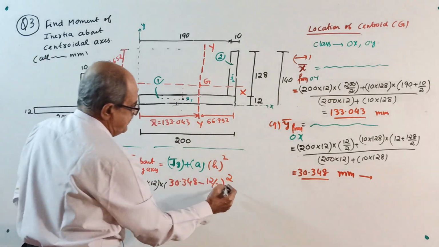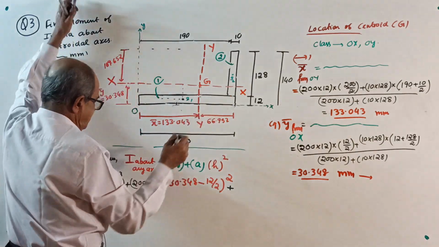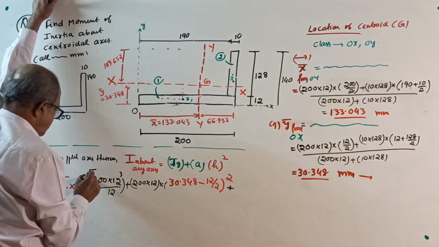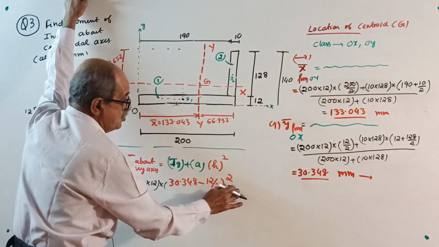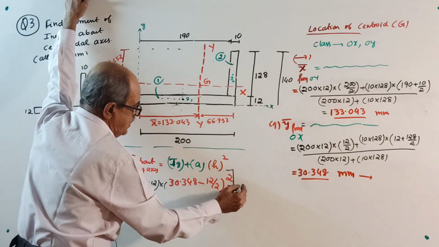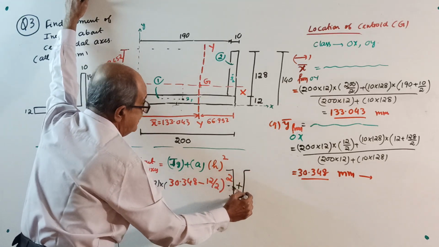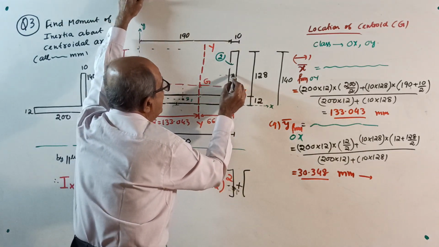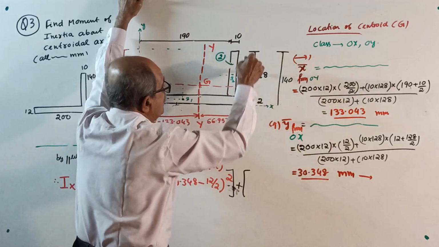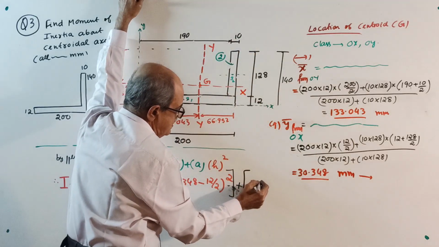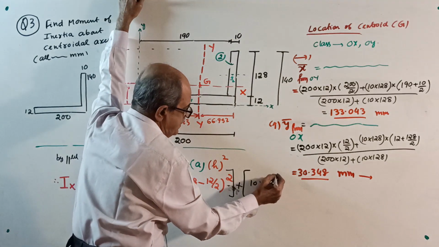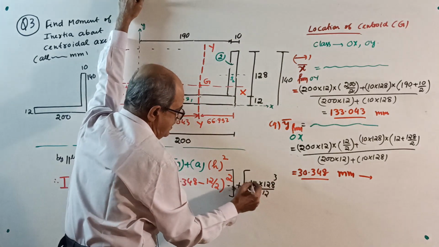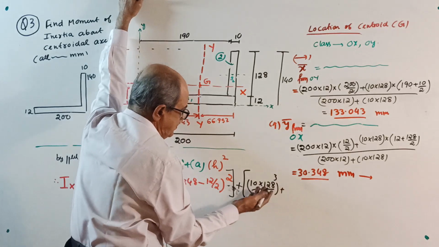Continue. This is for part number 1. There is no space problem today. Plus for the second one, I about its own axis parallel to x-axis: 10 into 128 cube divided by 12. I need not explain this one.